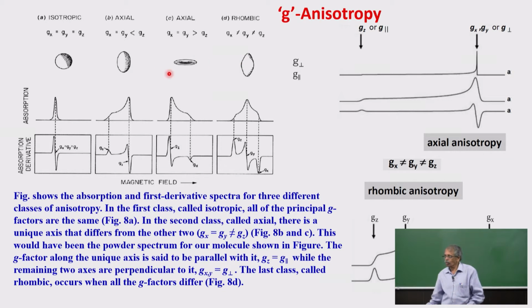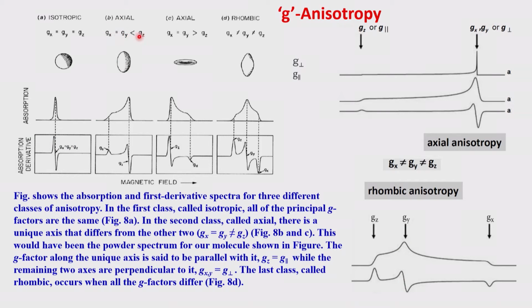Now look at what those are. When you have an isotropic system, straight away you get one absorption nicely and one derivative curve. And when you have Gx equal to Gy and less than Gz, you can see one small blob and one bigger blob here. And in the other way, Gx is equal to Gy but greater than Gz, the reverse way.